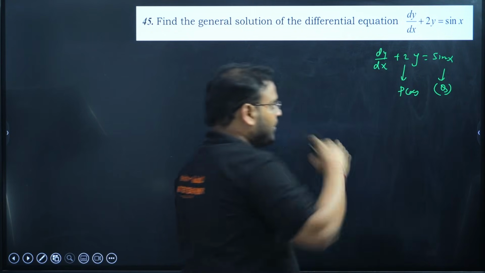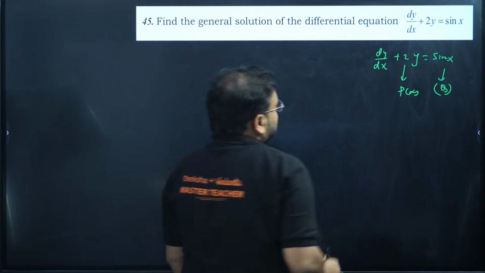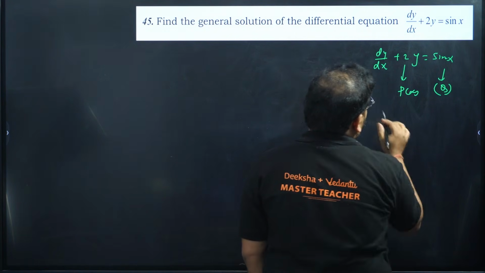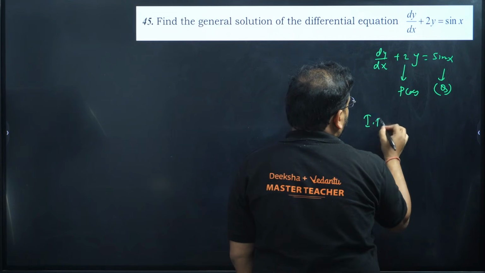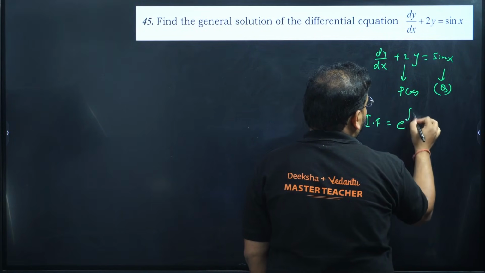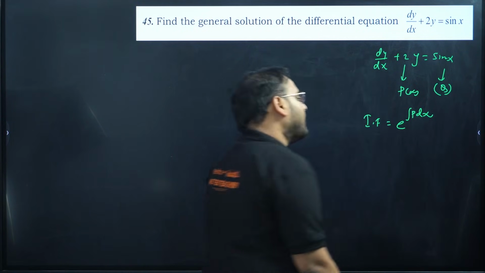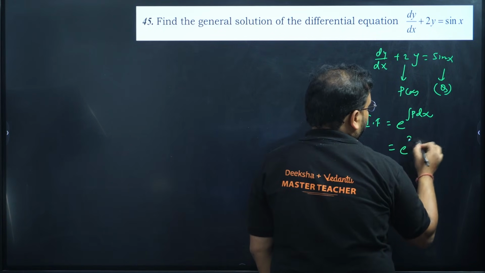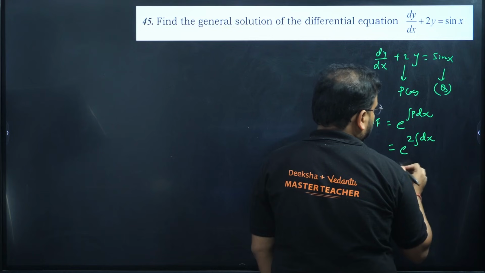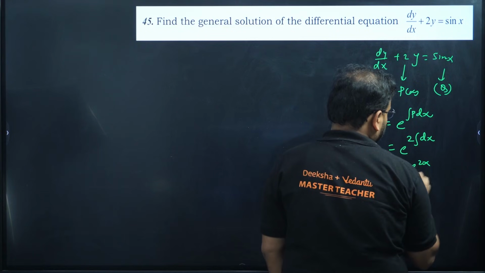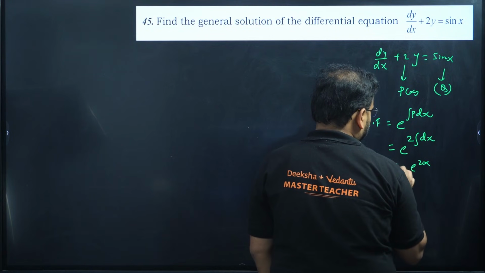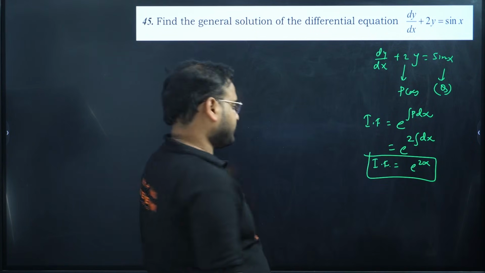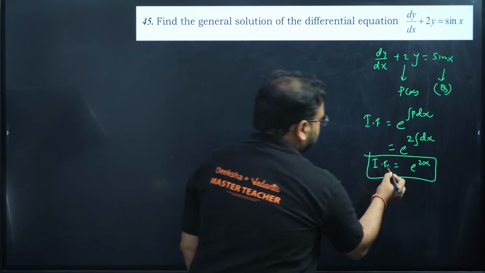So we'll have the integrating factor as e power integral of p dx. So e power 2, integration of dx, the constant, I get e power 2x as my integrating factor. Yes, so this is clear.